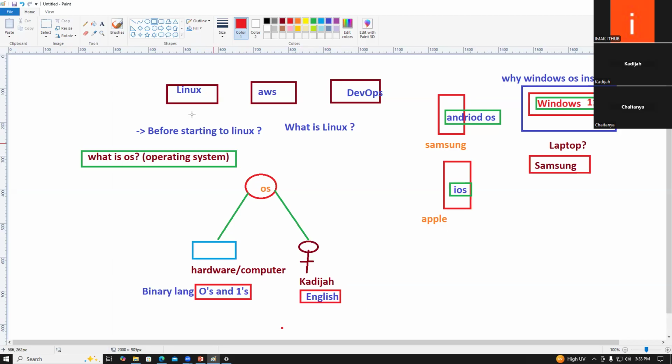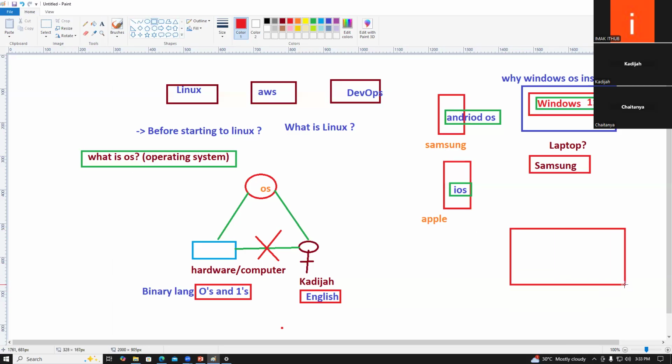English. So you don't know binary language and hardware doesn't know English language. So is there any possibility to communicate with each other? No. Why? Because we don't speak the same language. Yes, very good. Now you understood.